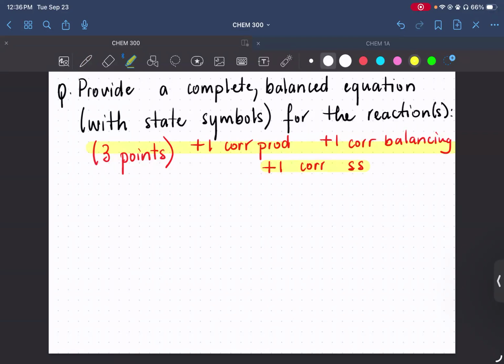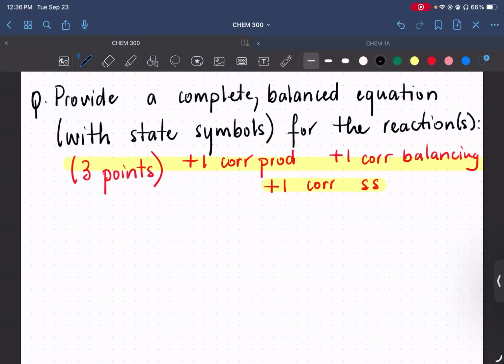Just so you understand where the points are coming from. The reaction is sodium chloride aqueous added to barium fluoride, which is aqueous.